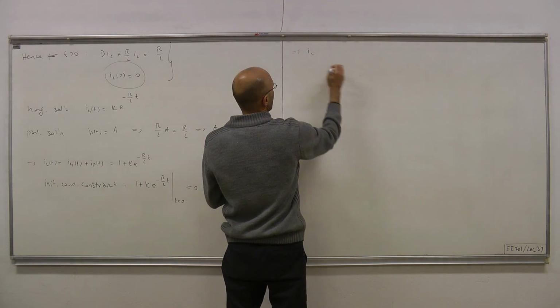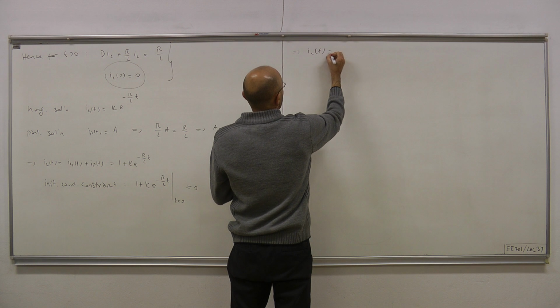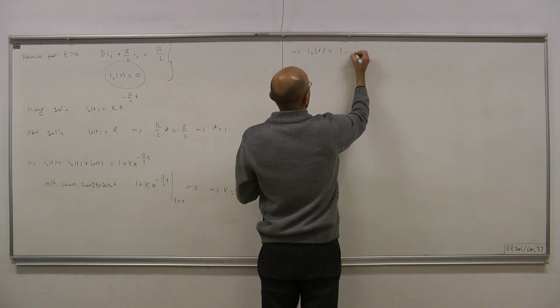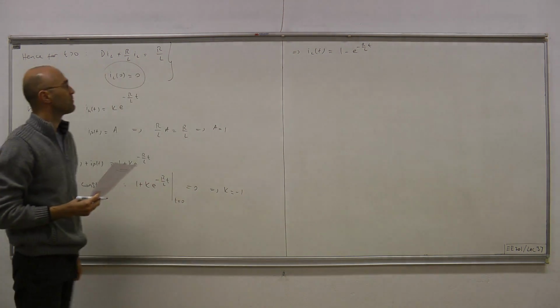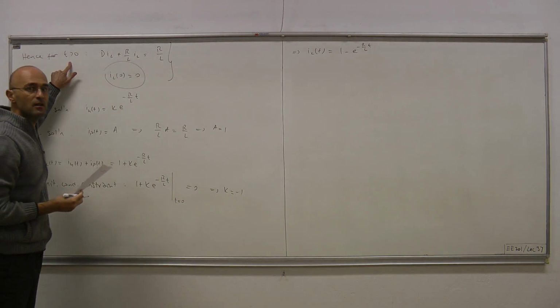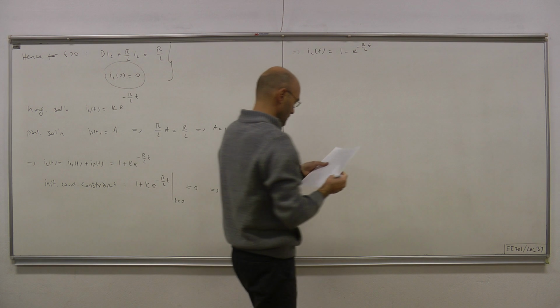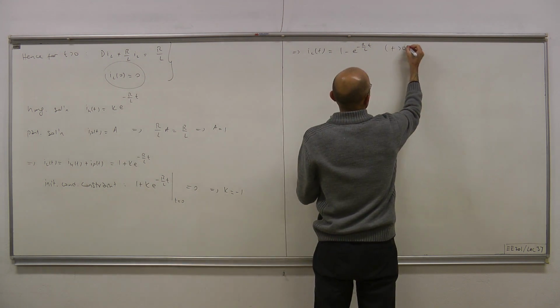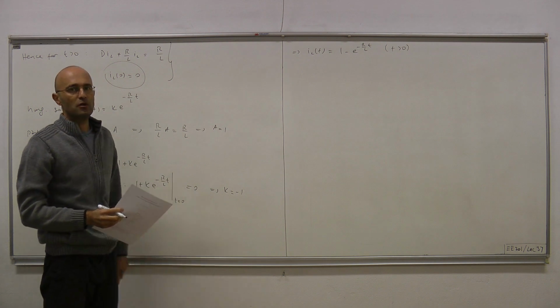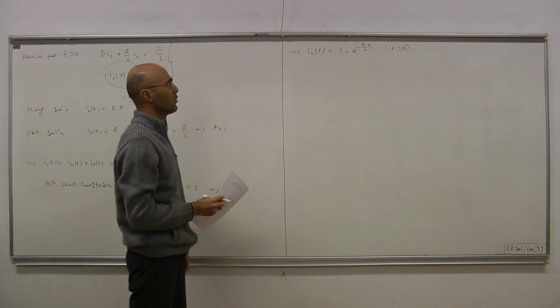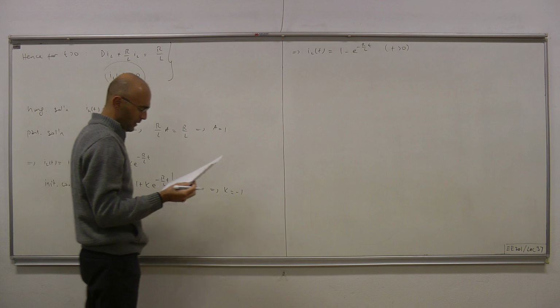So we have IL(t) equals 1 minus e to the minus R over L t, okay, for t greater than 0. How about for t negative? For t negative, everything is 0, so there's nothing interesting going on for the negative times.